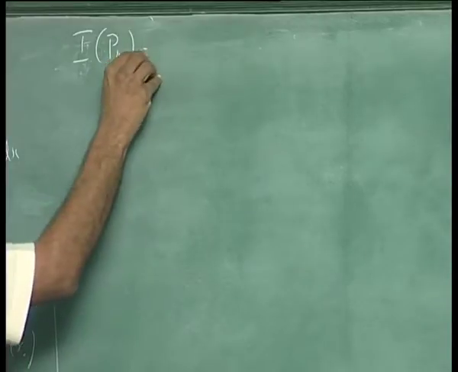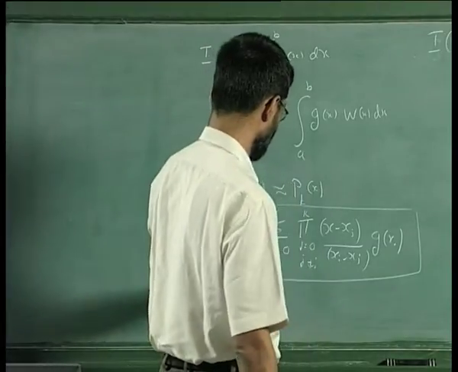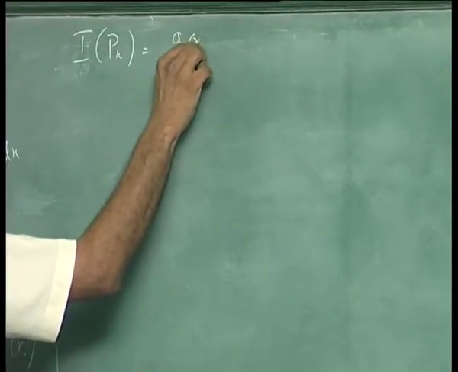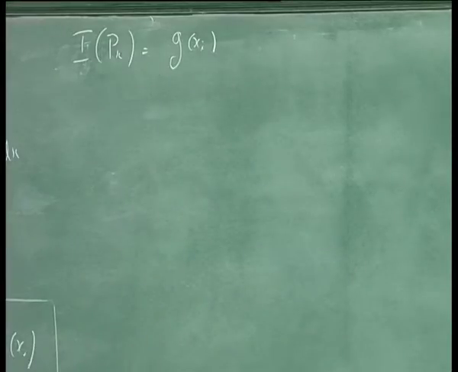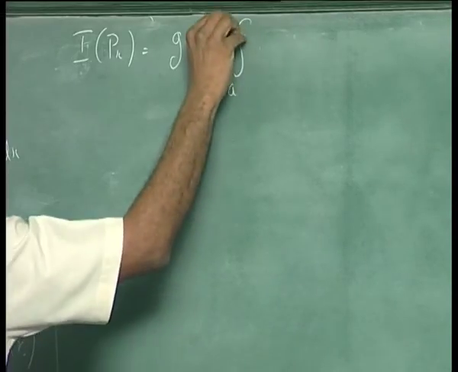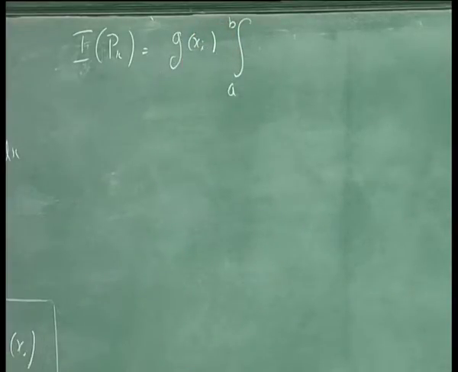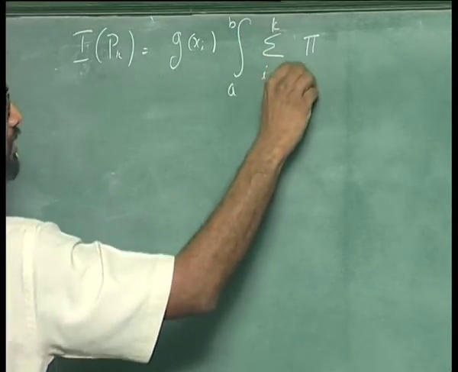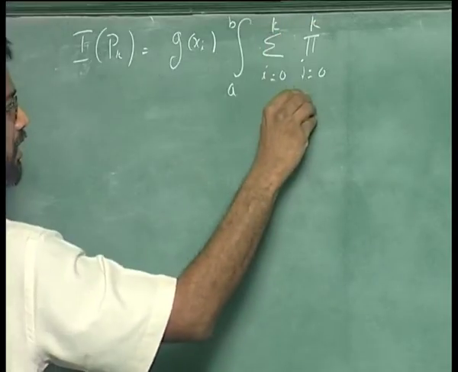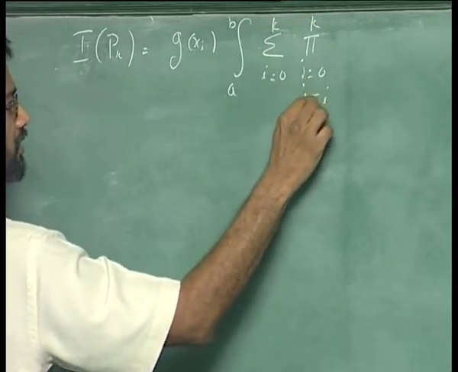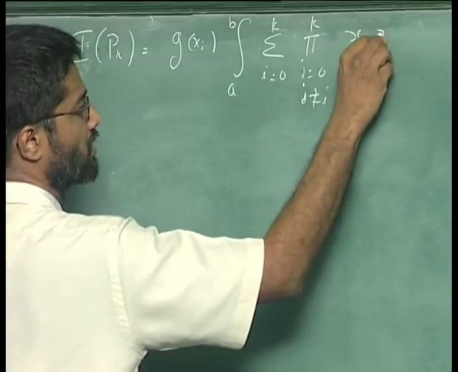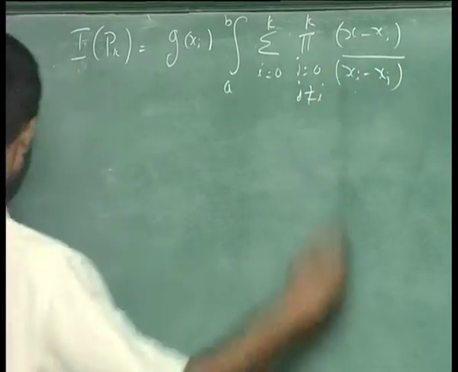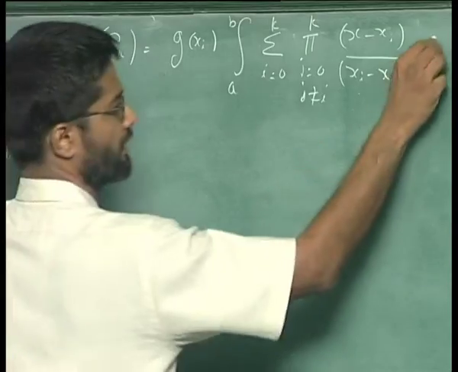So, before we write the integral over x, I can write g of xi outside, which is not a function of x, and then I would write the integral a to b of sigma i going from 0 to k and the product j going from 0 to k, j not equal to i, of x minus xj divided by xi minus xj, w of x, dx.